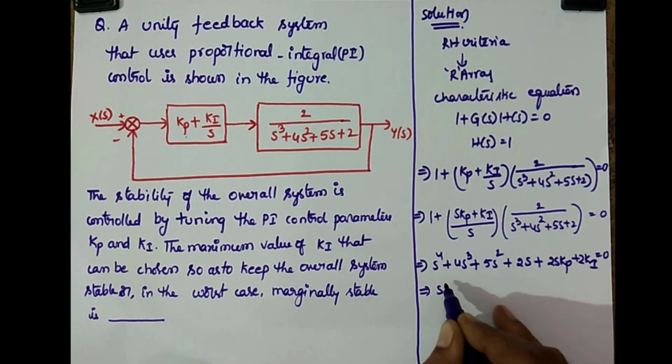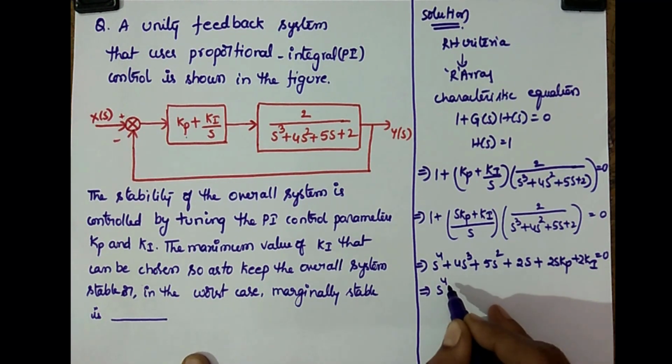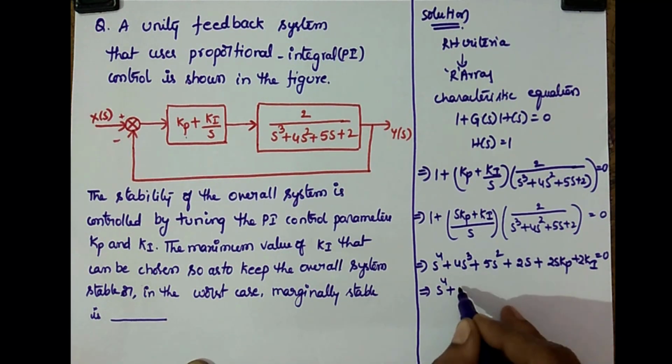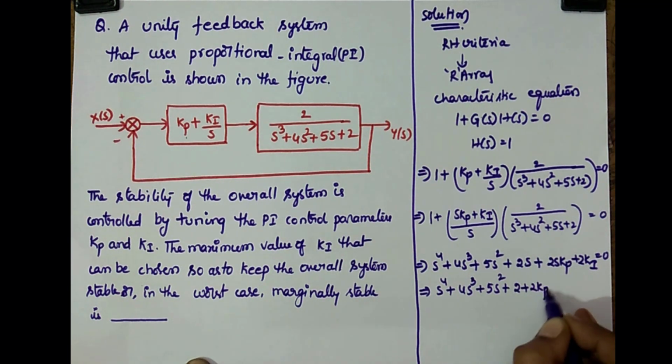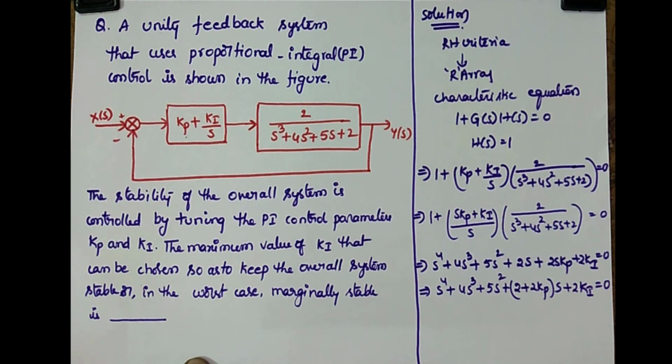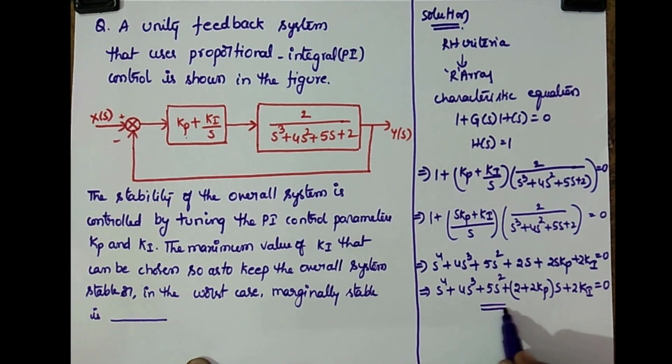Simplifying: s power 4 plus 4s cube plus 5s square plus (2 plus 2 Kp) s plus 2 Ki is equal to 0. So now this is the characteristic equation.